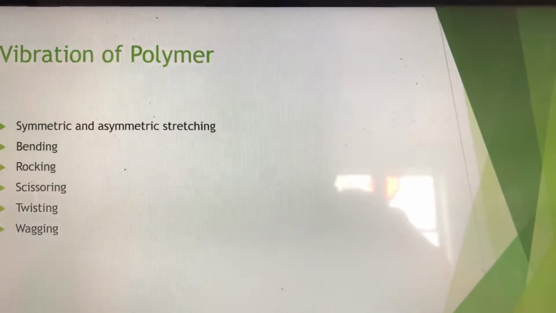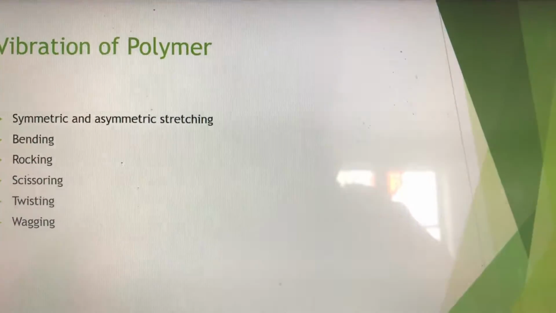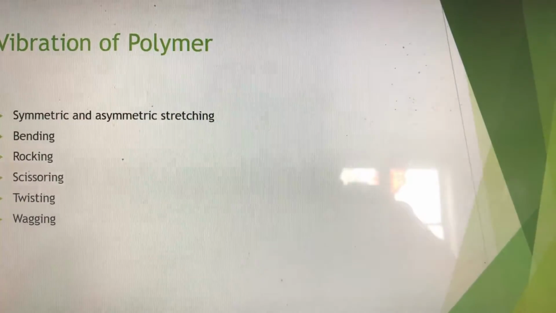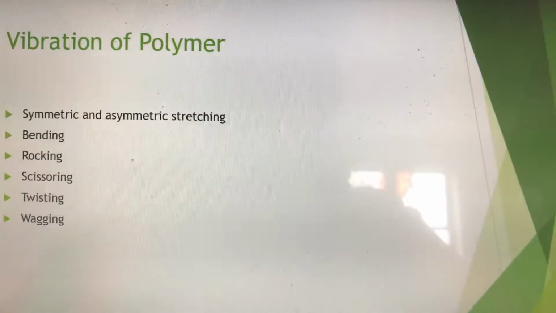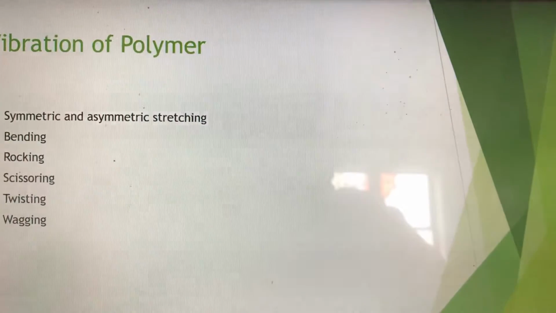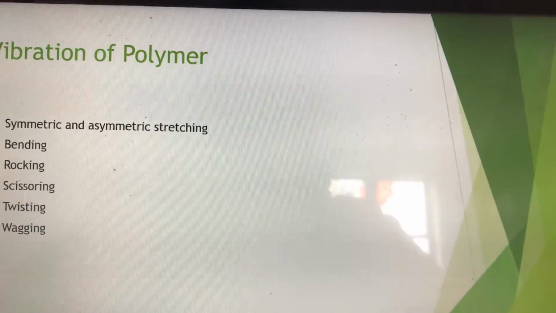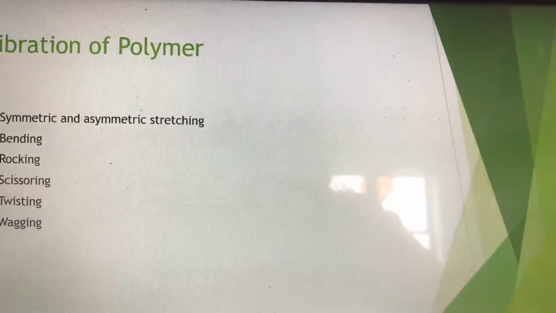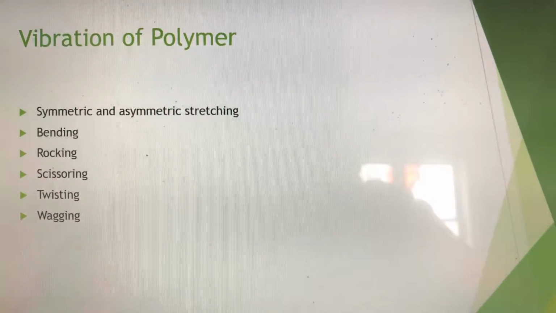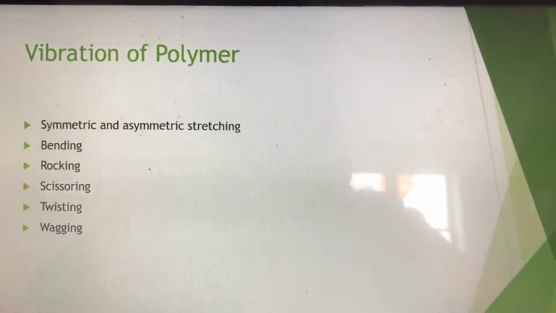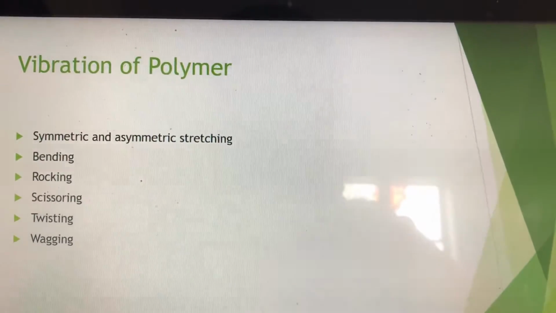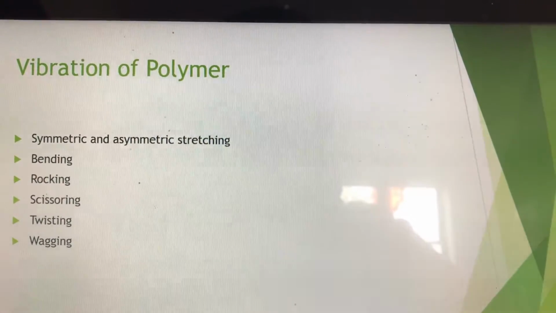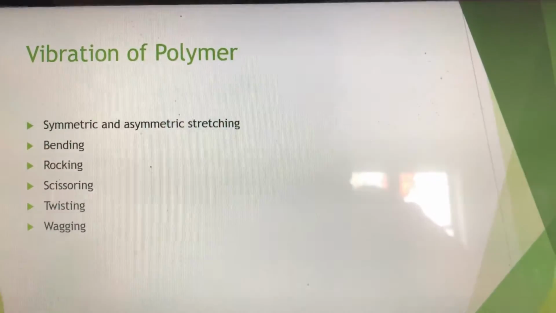When the test specimen is exposed to infrared light, that determines what kind of vibration it'll do, and what kind of polymer you're testing. The most common two are stretching and bending.